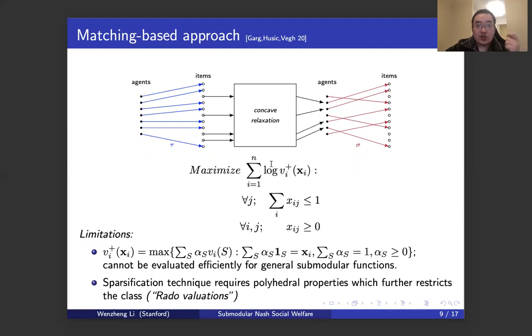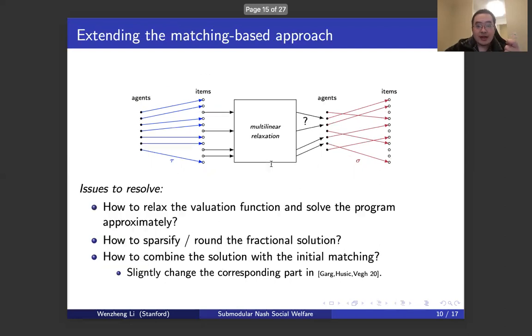So if we want to generalize this method to submodular functions, we need to come up with a new relaxation of the valuation functions and try to solve it approximately. And moreover, we also need to find a more general sparsification technique.